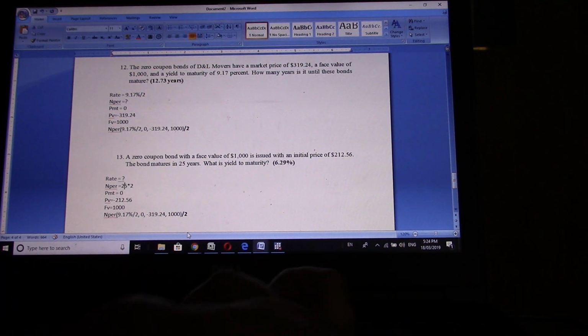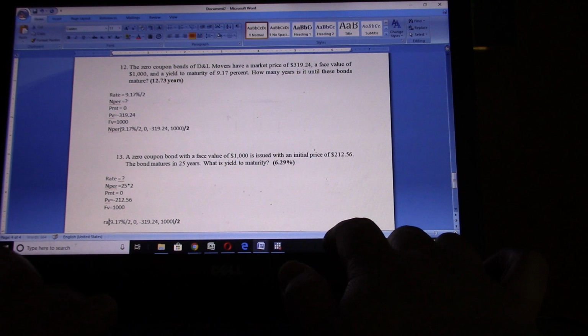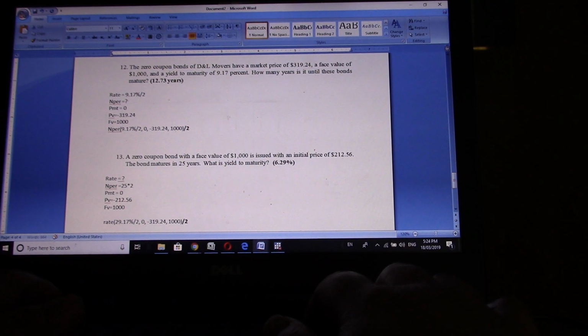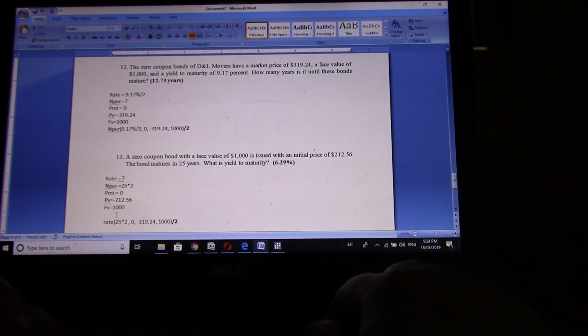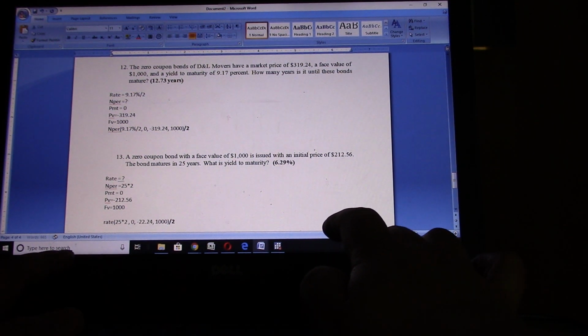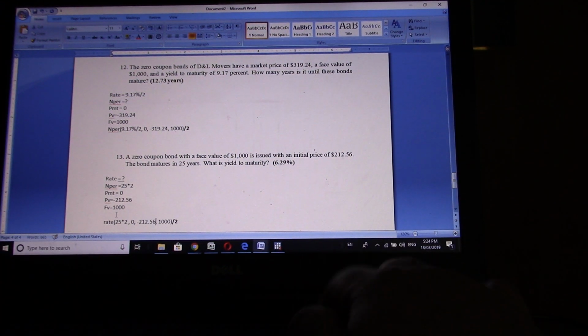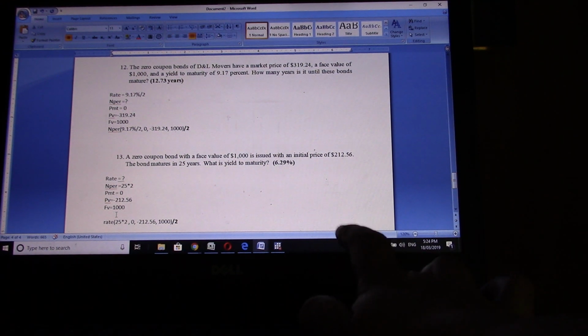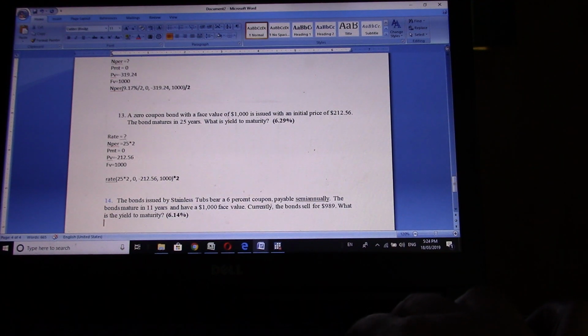So you should use the rate function: 25 times 2, 0, negative 212.56, 1,000. When you get it, you should multiply by 2, and this is this one.